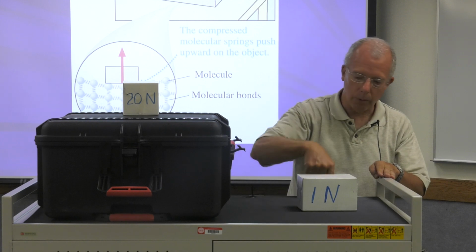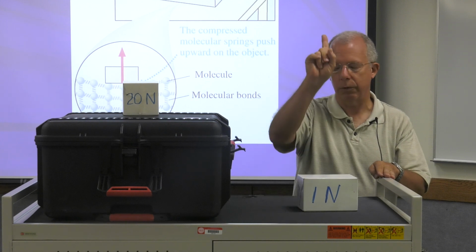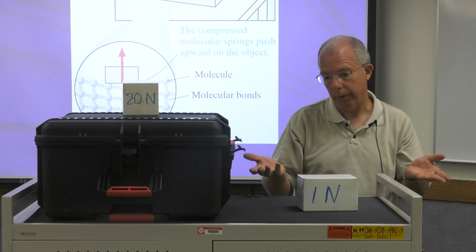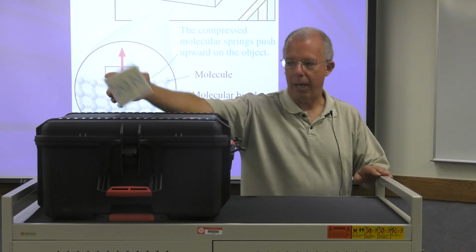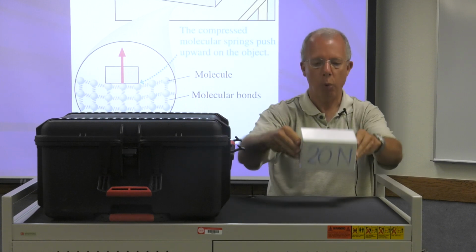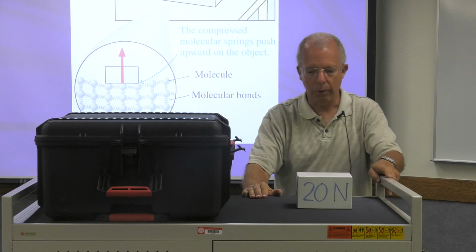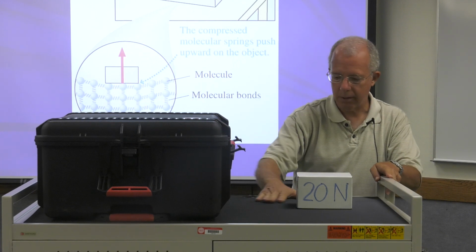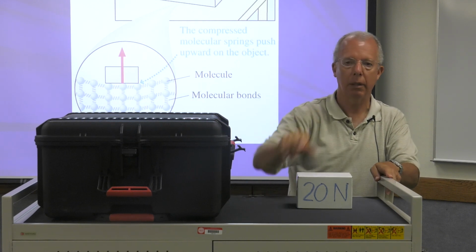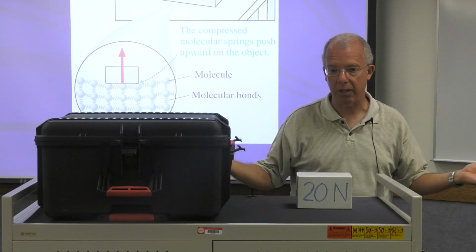So the downward force has to equal the upward force, and the normal force is 1 Newton. Now pretend this is a box with a weight of 20 newtons. The Earth is pulling down with a 20 Newton force. What's the force the surface exerts up on it? 20 newtons, because acceleration is 0.